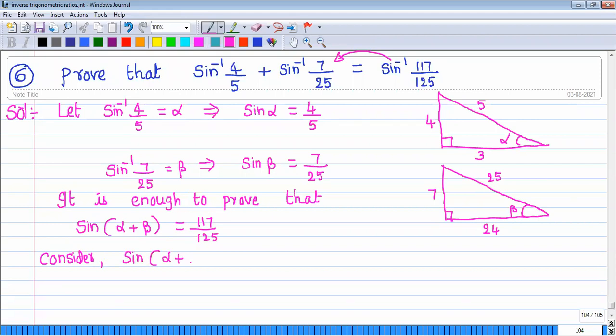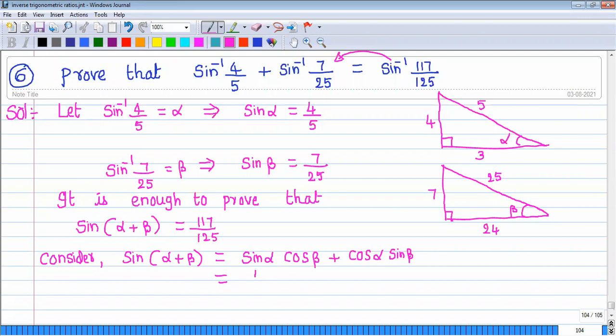Now what do you mean by sine of alpha plus beta? Sine alpha cos beta plus cos alpha sine beta. Right? Now tell me, what is sine alpha value? 4 by 5.